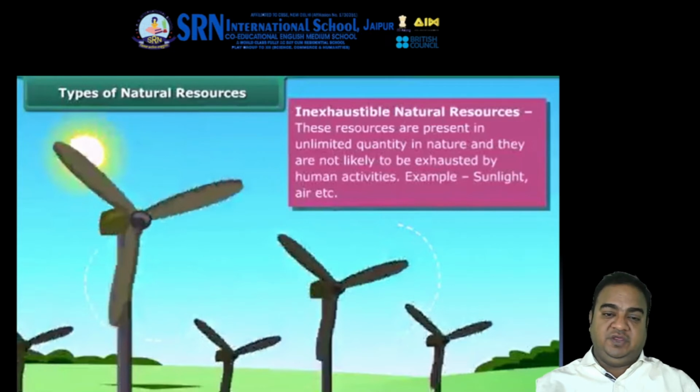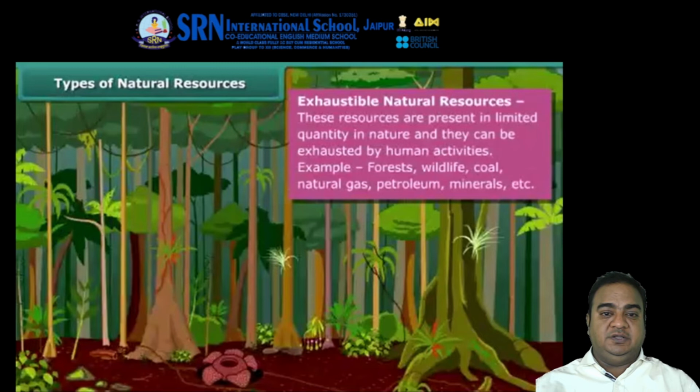These windmills are installed near seashores where continuous wind flows, and they convert the propelling energy into electrical energy. Some other examples of inexhaustible resources are sunlight and air. Sunlight can be used as a source of energy in solar panels.